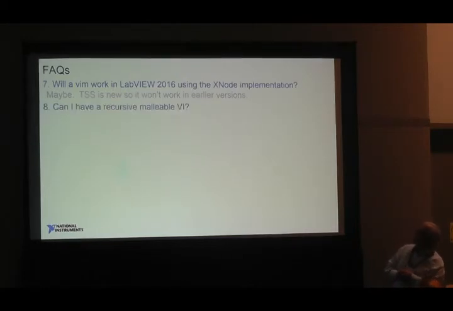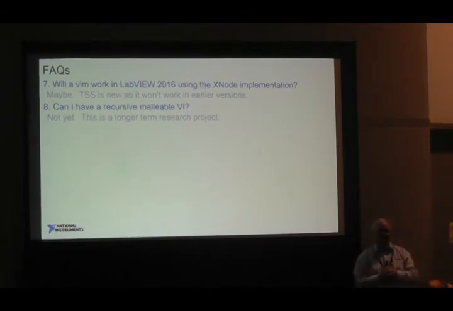Can I have a recursive malleable VI? No, not yet. This is an interesting research topic because if you're going to do recursion at type prop time, you've got to make sure that you do converge. Otherwise, it'll crash LabVIEW very unceremoniously.